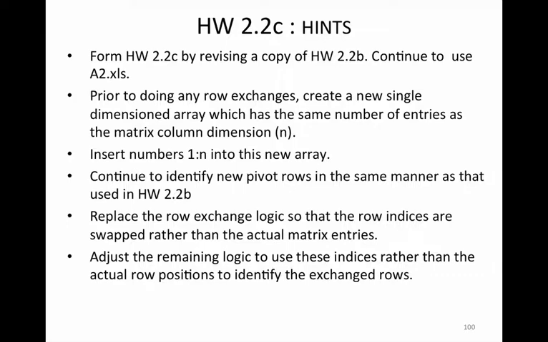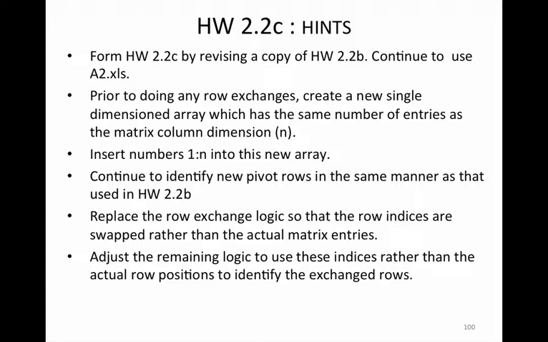The logic itself doesn't really change, but what does change is how you access the data. So every time you reference a row, where before you may have just called it like A of i,j, now it has to be A of the index of i, and j. J never gets messed with, but the rows do. So you'll have to change your indexing to be just slightly more complicated, to be referencing the index of the position rather than the position directly.